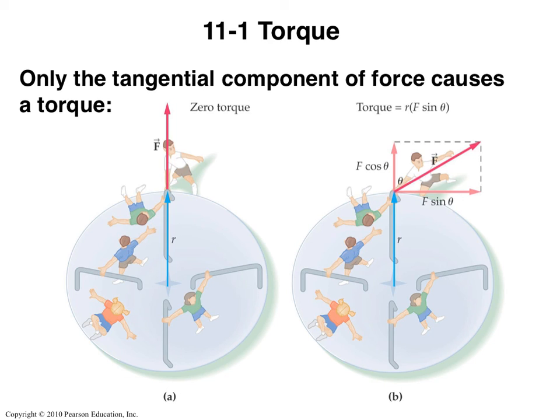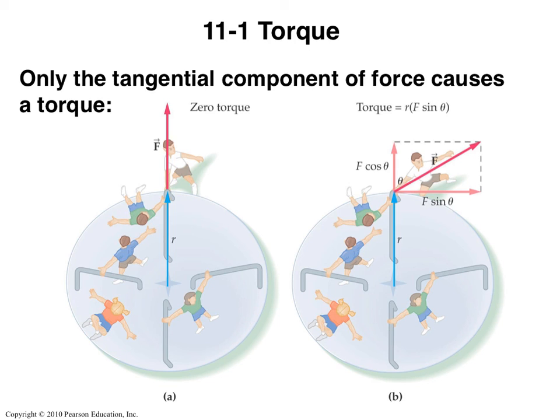But we know that if this single force is to be replaced by these two forces, the one along the radius doesn't do any rotation. So you might as well only apply this force, the so-called tangential component. All right? The radial component of the force does not contribute to any rotational motion.